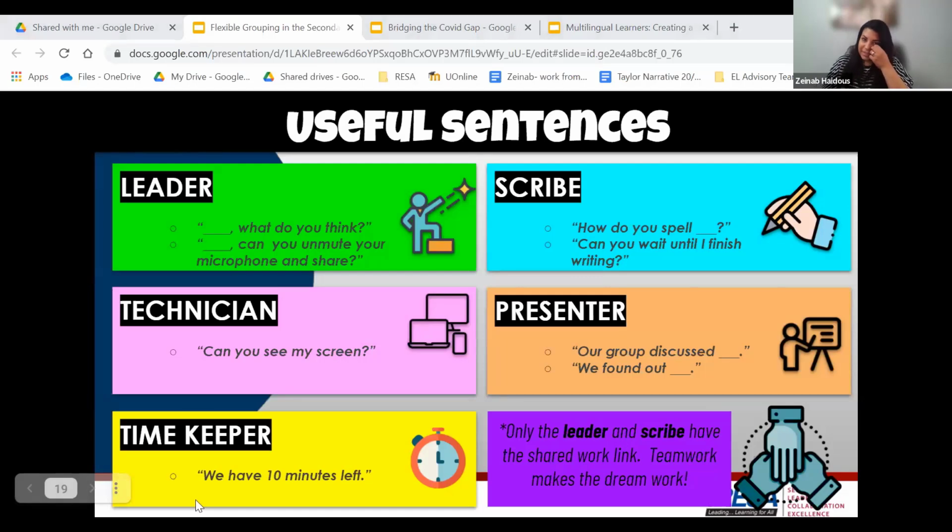This visual that you see on here is an example of student roles and responsibilities during flexible grouping. And I love this one because it really provides students with specific supports, such as the visuals that you see here on the screen.